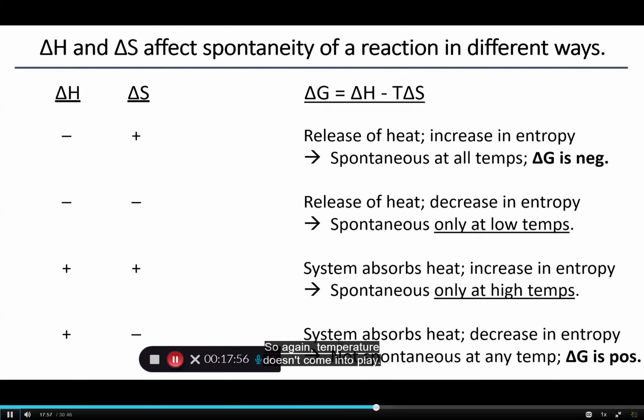So again, temperature doesn't come into play if delta H is positive and delta S is negative. Delta G is therefore positive. However, if we consider an ideal delta H and a less than ideal delta S, or a less than ideal delta H and an ideal delta S, then we can make these reactions spontaneous by adjusting the temperature.